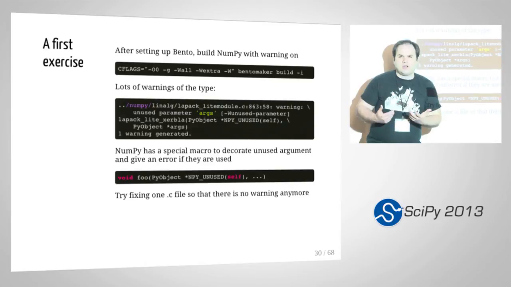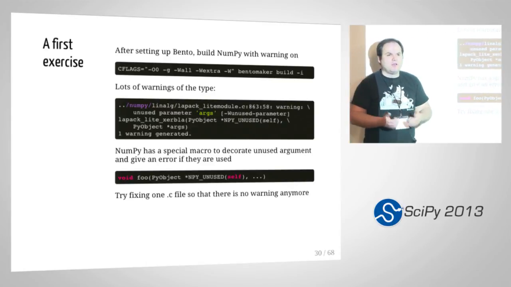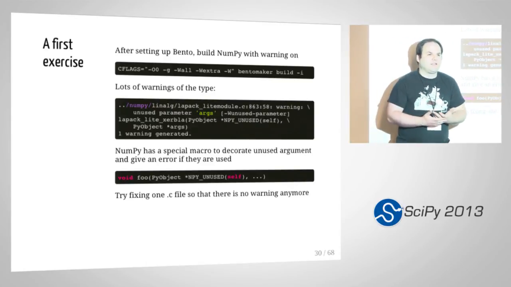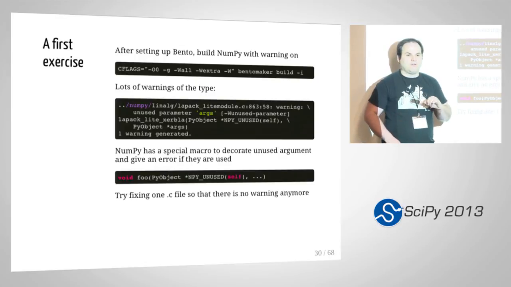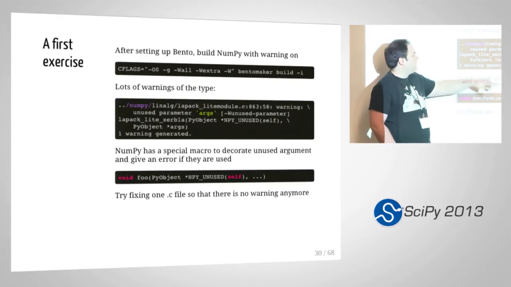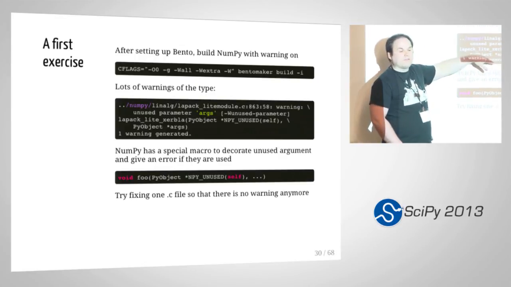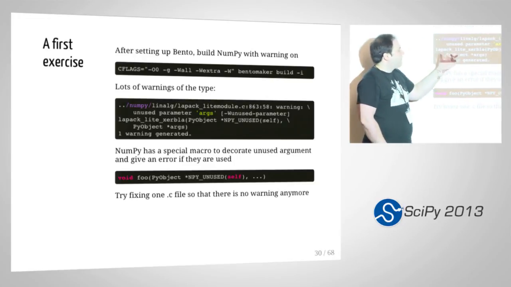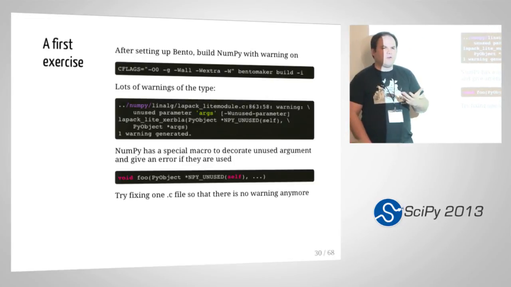When you give a lot of warning flags to most compilers, they will give you a warning if you have a function that takes an argument and you don't use the argument inside the function. So you have maybe hundreds of warnings like that in NumPy, which gives a lot of false alarms.